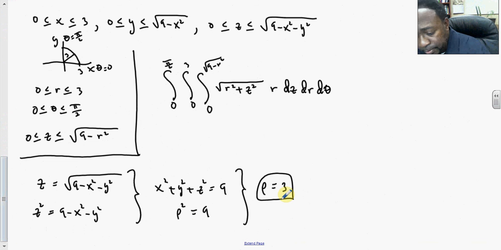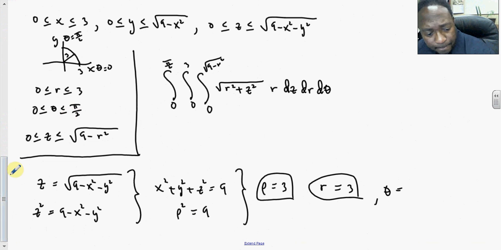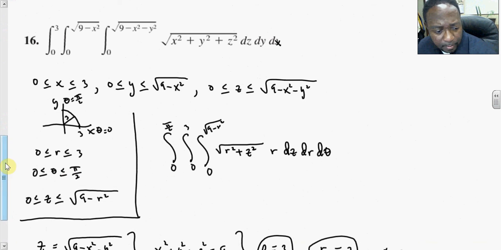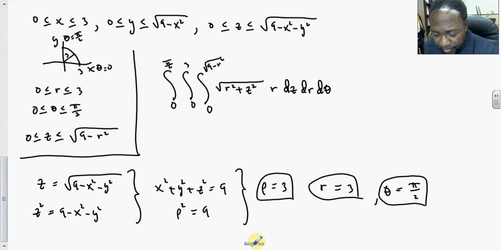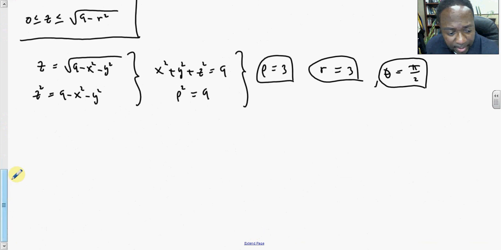We have also that r is equal to 3. We have theta is equal to pi over 2. So we got that from here. So we have rho, we have theta, we need phi. To get phi, let's look at this.